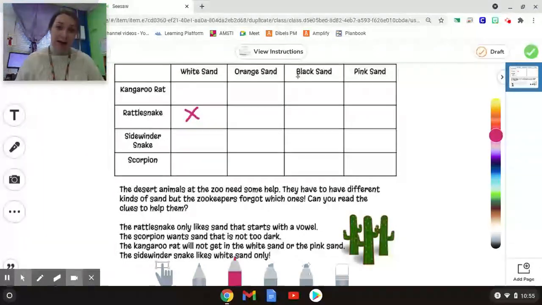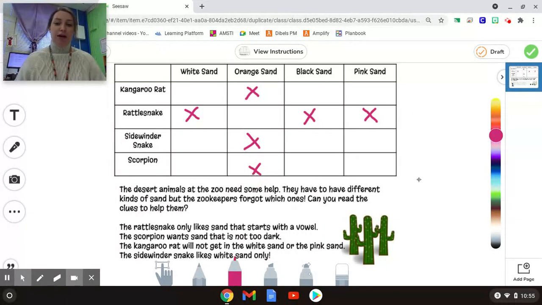Is B a vowel? No. So the rattlesnake won't take that. Is P a vowel? No. So she won't take that one either. Okay, so it looks like orange is the only one that the rattlesnake will take. So we need to go ahead and give her the orange sand.